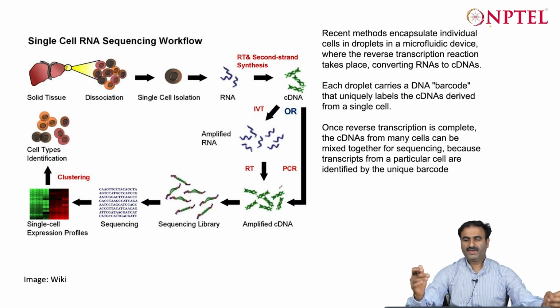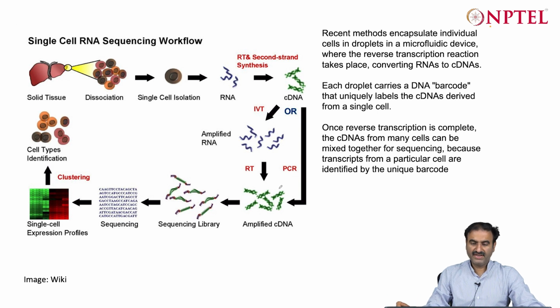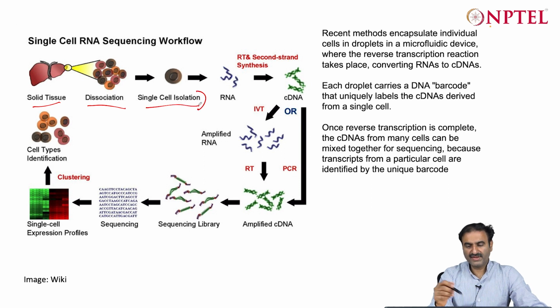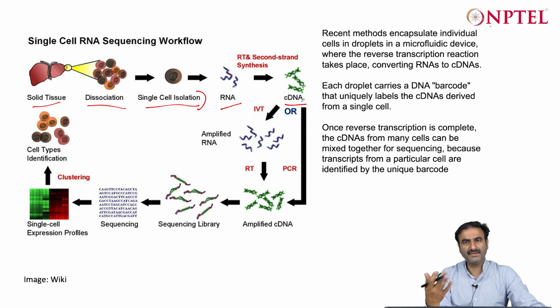Okay, so ultimately you are basically having any tissue, then you isolate the single cells and go for the RNA or DNA. In case of RNA you have to convert that into cDNA, because RNA is not stable, and basically cDNA or DNA is the input for the library preparation.